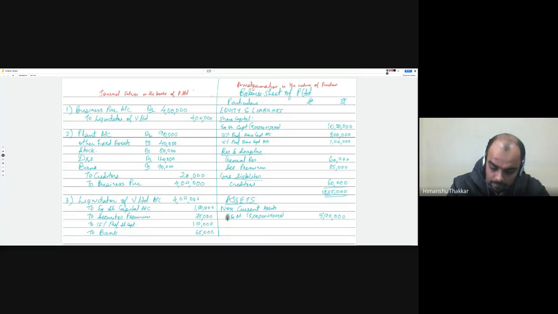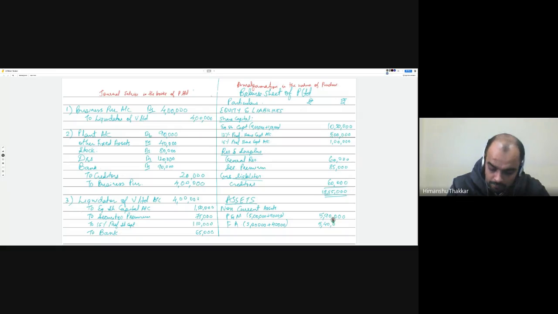Other fixed assets, the total of the two: 5 lakh plus 40,000, 5 lakh 40,000.